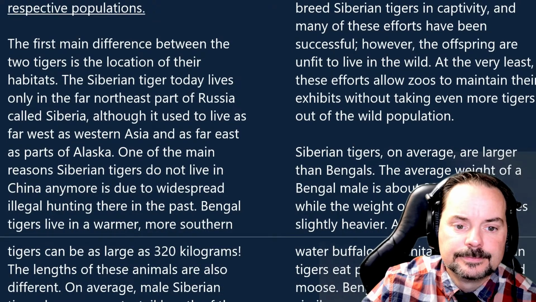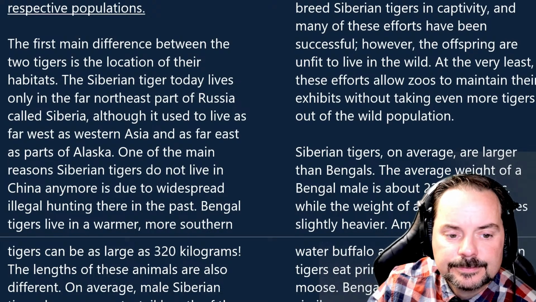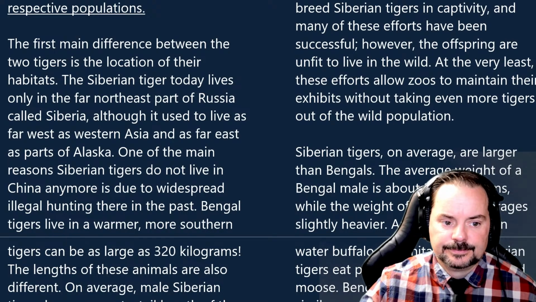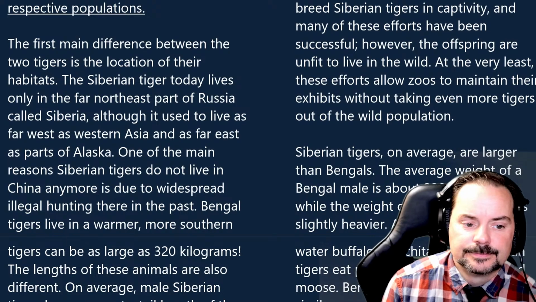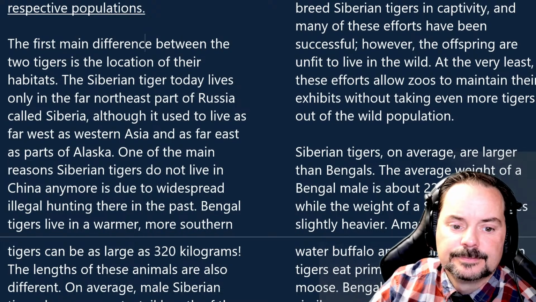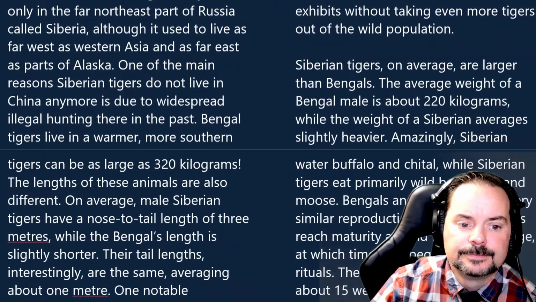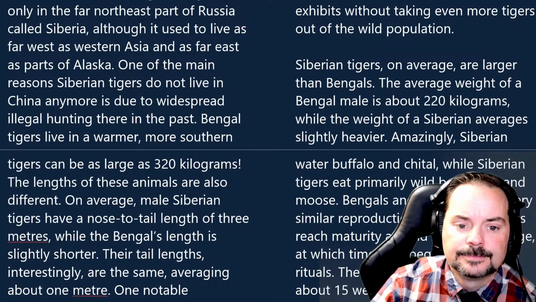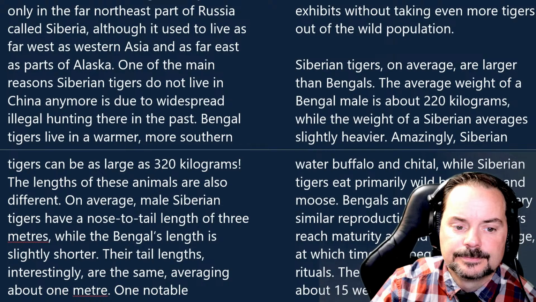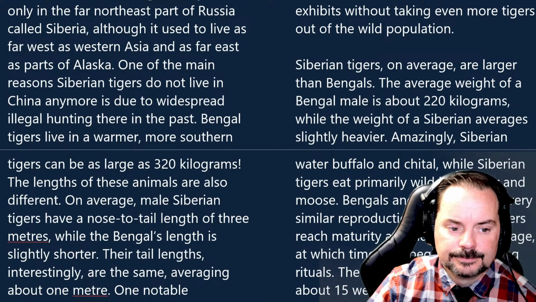The first main difference between the two tigers is the location of their habitats. The Siberian tiger today lives only in the far northeast part of Russia, called Siberia, although it used to live as far west as Western Asia and as far east as parts of Alaska. One of the main reasons Siberian tigers do not live in China anymore is due to widespread illegal hunting there in the past.